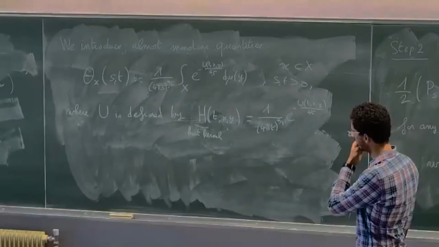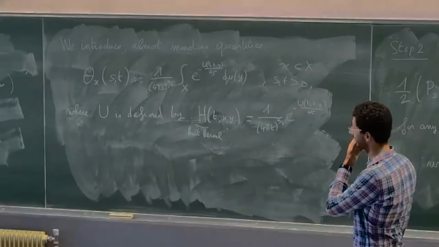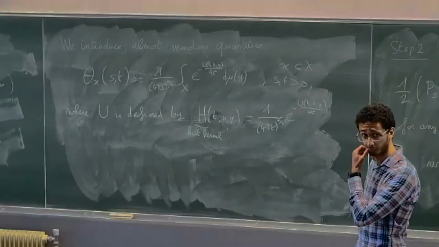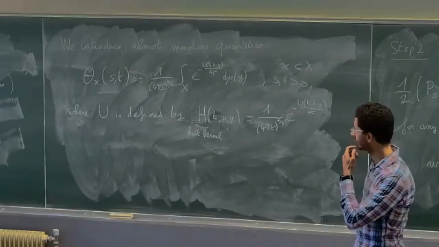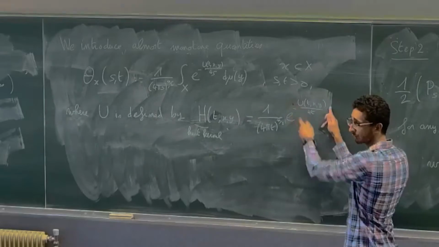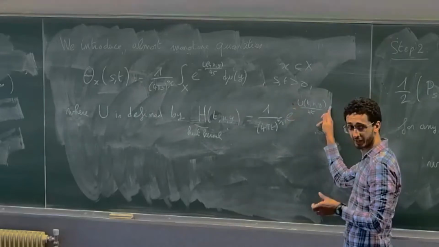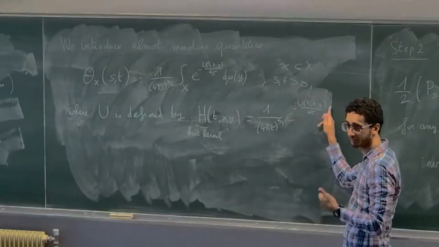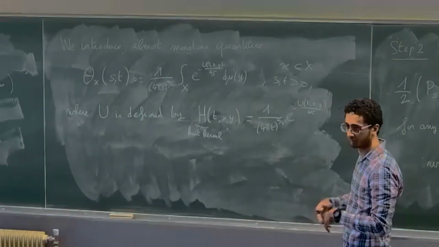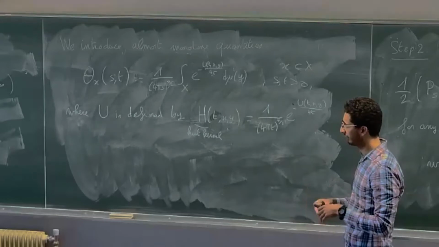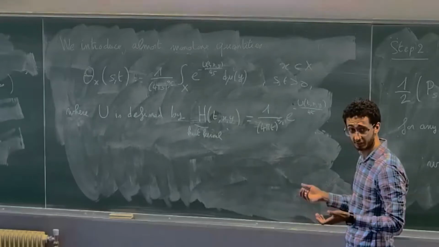So if X were a smooth Riemannian manifold, then Varadhan's formula tells us that this u converges to the distance squared between x and y. This is because the heat kernel on a Riemannian manifold is asymptotically, as time goes to 0, the Euclidean heat kernel.